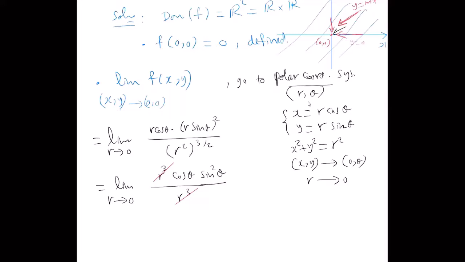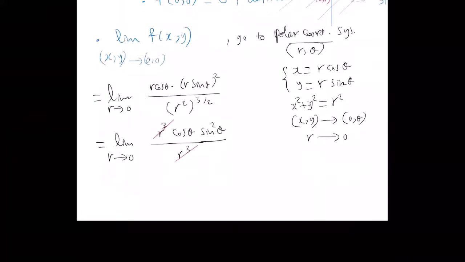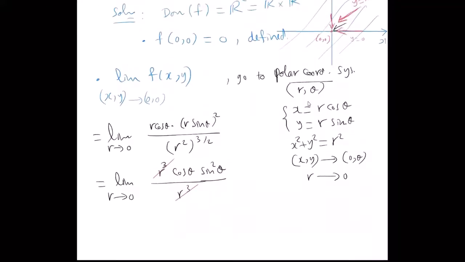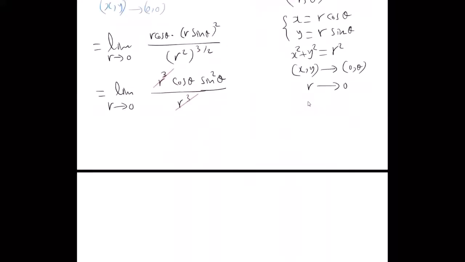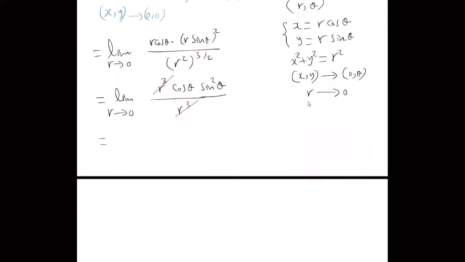So what is the result? It depends on theta. So the limit equals cosine theta sine squared theta.